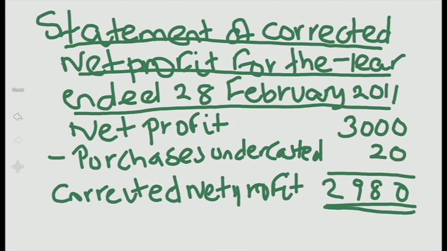That is if your exam question requires you to show the corrected net profit. We had 3 of these errors. One only affected the net profit, but the other 2 will only affect our balance sheet. So we will not include them here.